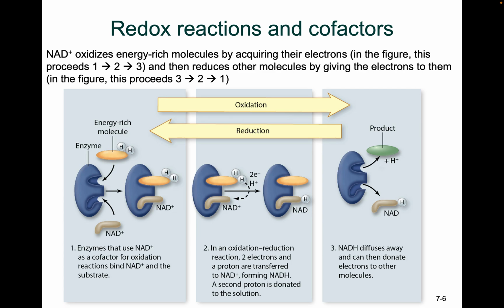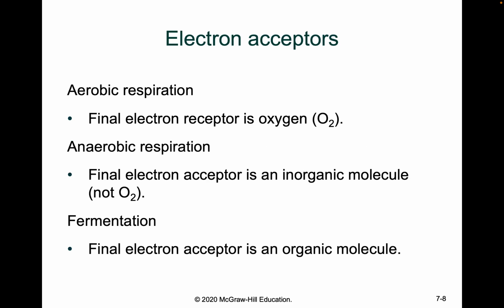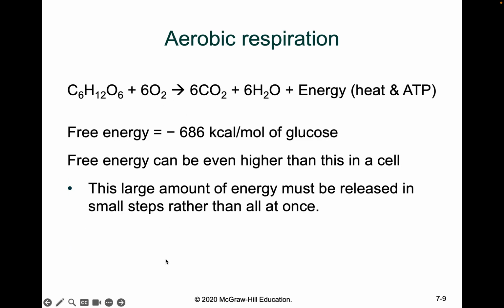We'll speak about that later, but just focus on that. We need to pass on these electrons. Where they are passed on, the final acceptor, tells you what respiration it is. If it's oxygen, aerobic. If it's inorganic, anaerobic. And if it's an organic molecule, fermentation. Now we'll be talking a lot about them, specifically aerobic and fermentation.